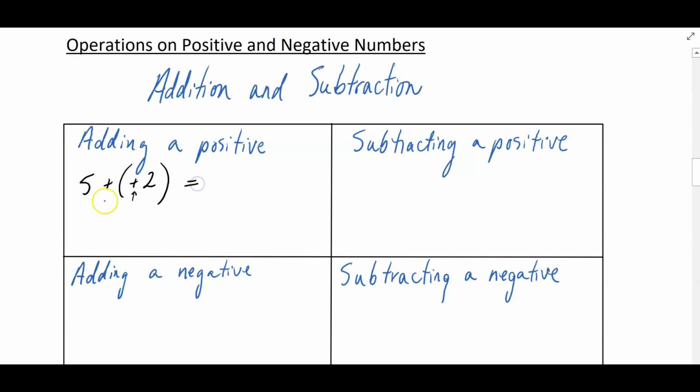This value increases in size and this becomes 7, right? Even from the negative, if I was to say negative 4 plus positive 8, well, starting at negative 4, if I add positive 8, think about temperature.